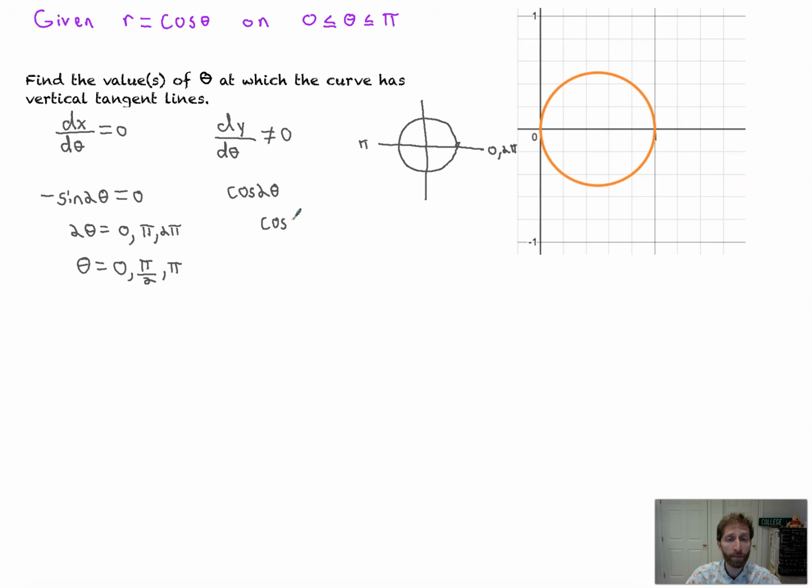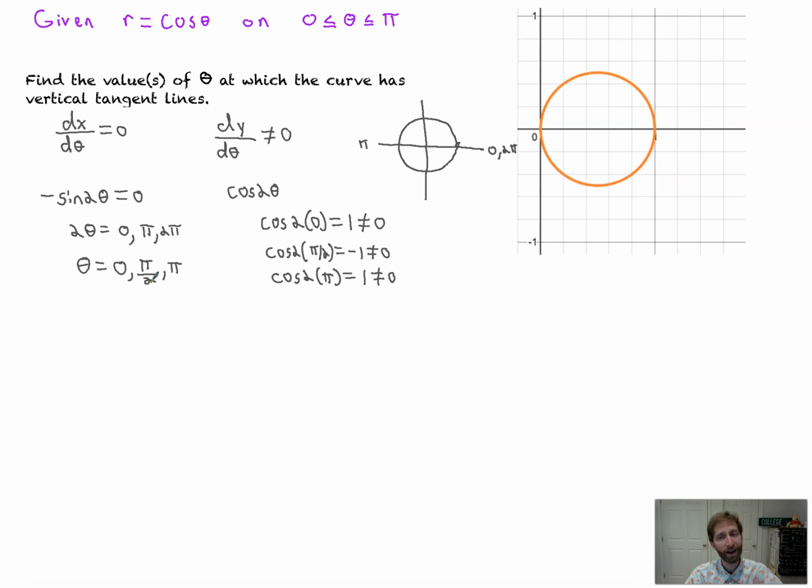So cosine of 2 times 0 equals 1, which does not equal 0. Cosine of 2 times pi over 2 equals negative 1. It's cosine of pi, which doesn't equal 0. And then back again to cosine of 2 times pi, which is equal to 1, which does not equal 0.